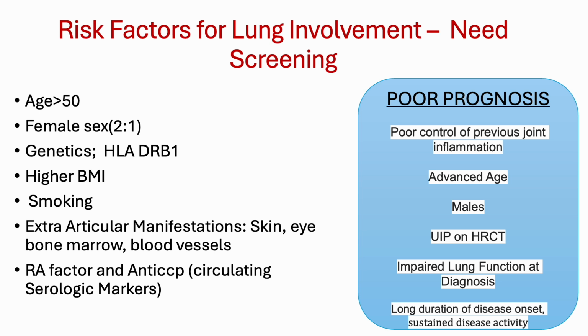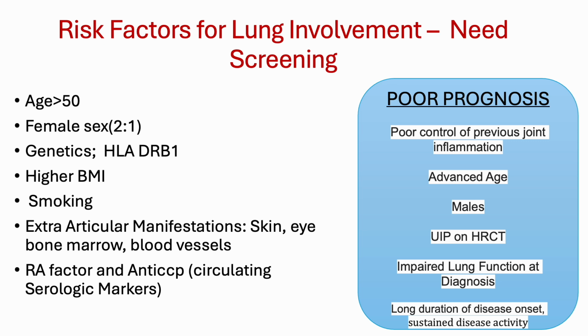Other important factors are the genetics of a patient. So it's said in the patient with the right genetic profile, and factors such as higher age, smoking, or poorly controlled joint disease, they will have more risk of developing RA-ILD. Another thing is circulating markers.